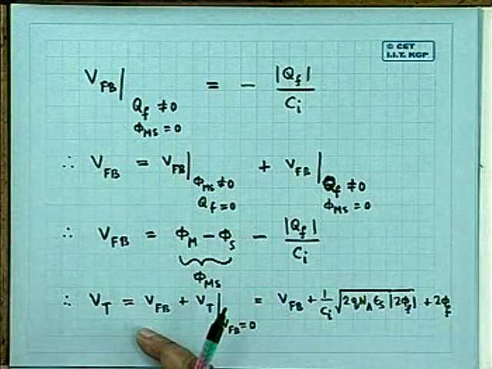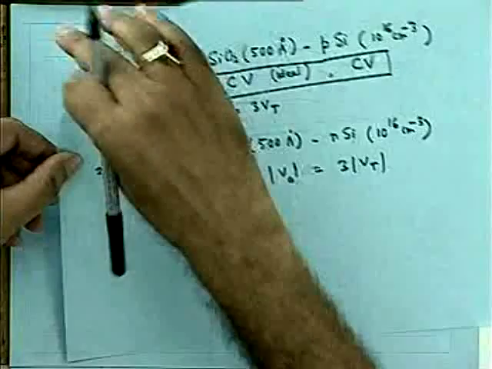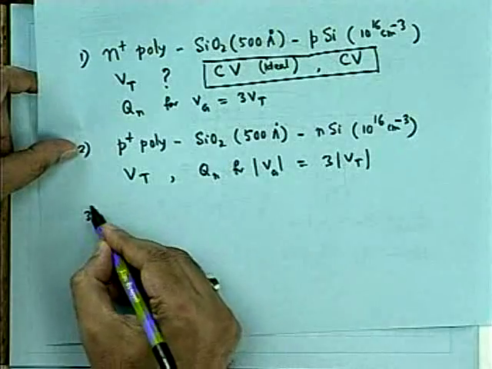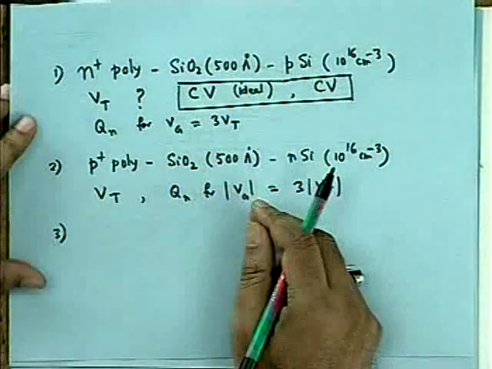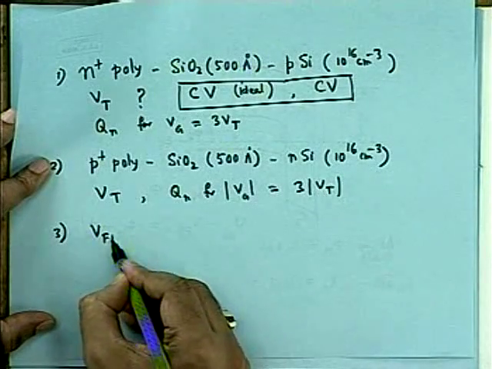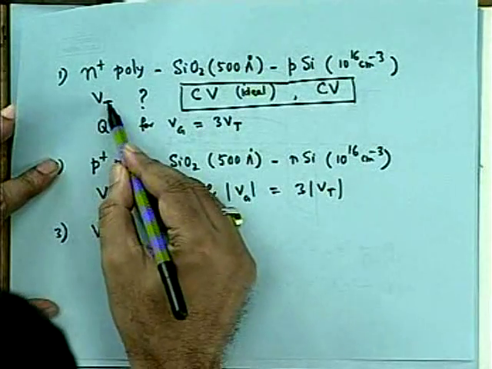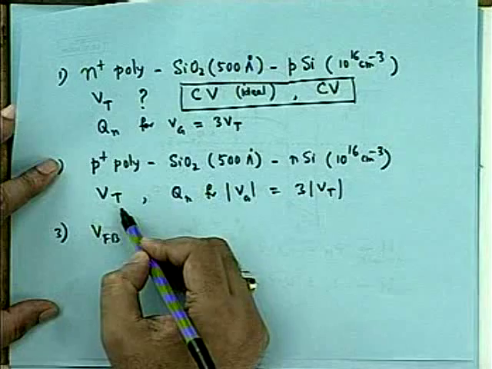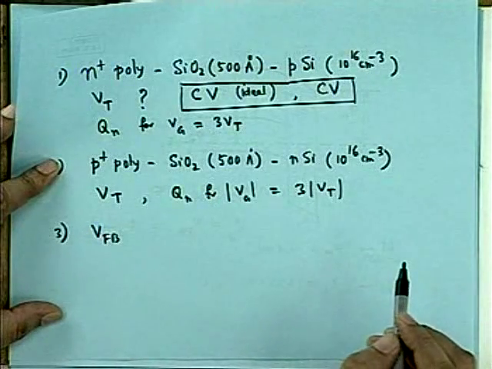as well as for the practical case when the flat band voltage does exist. In that case, I'm asking you to repeat these two problems by finding the values of VFB. Earlier I asked you to calculate the Vt values without introducing the concept of VFB.